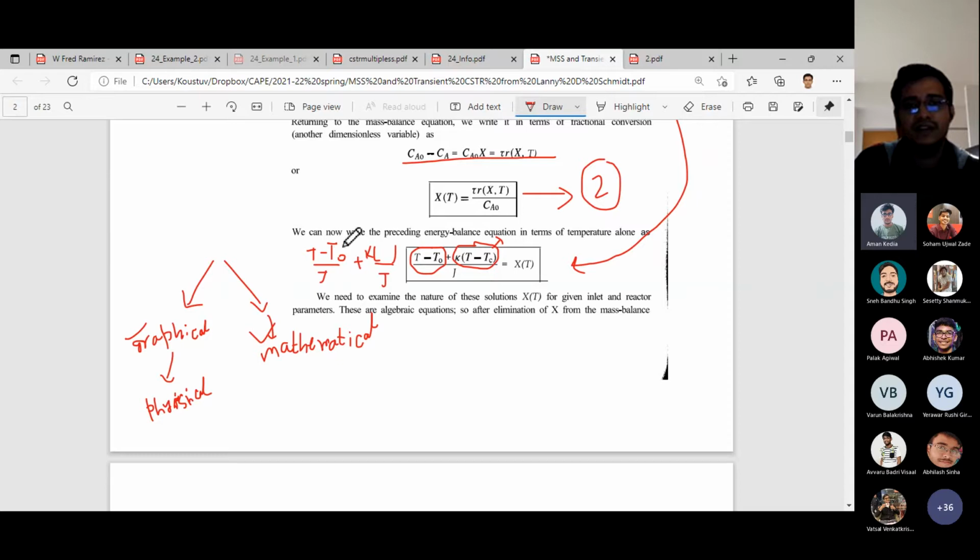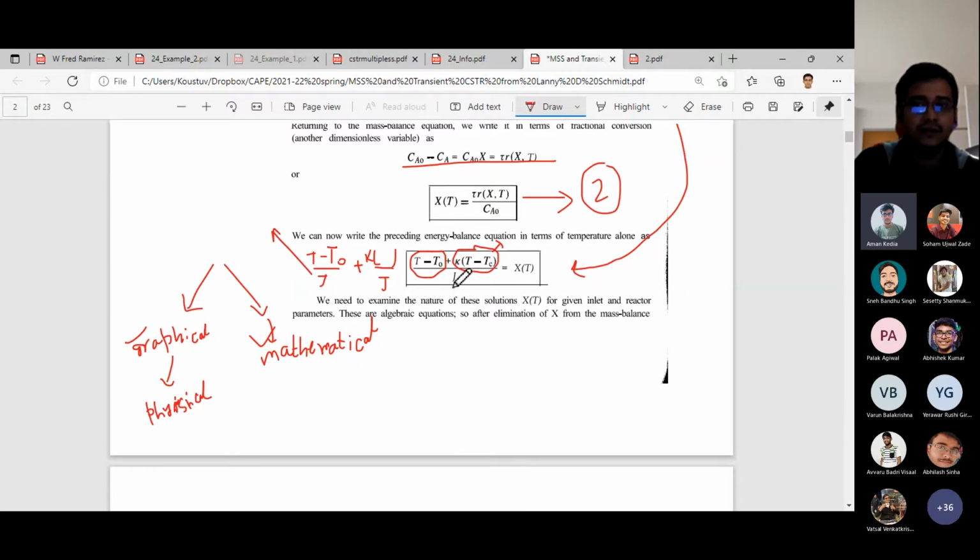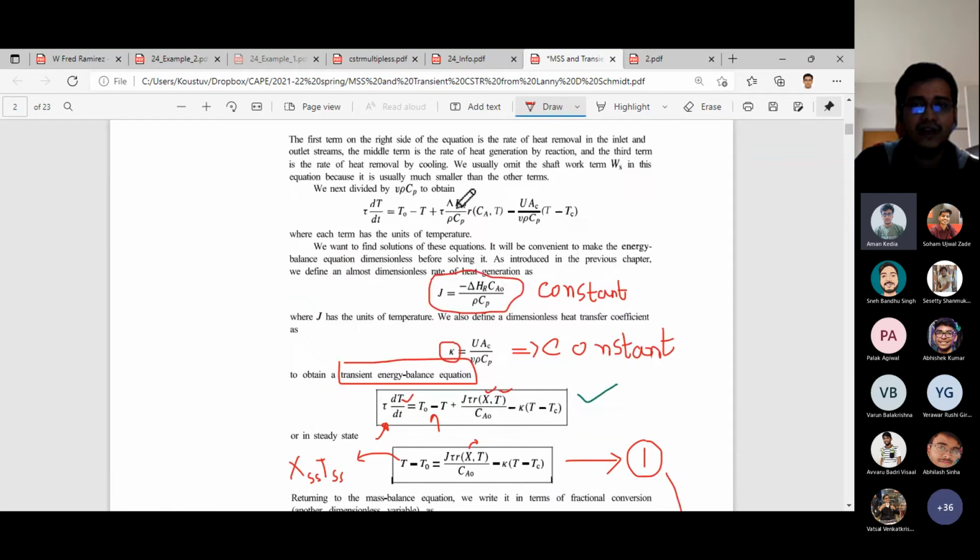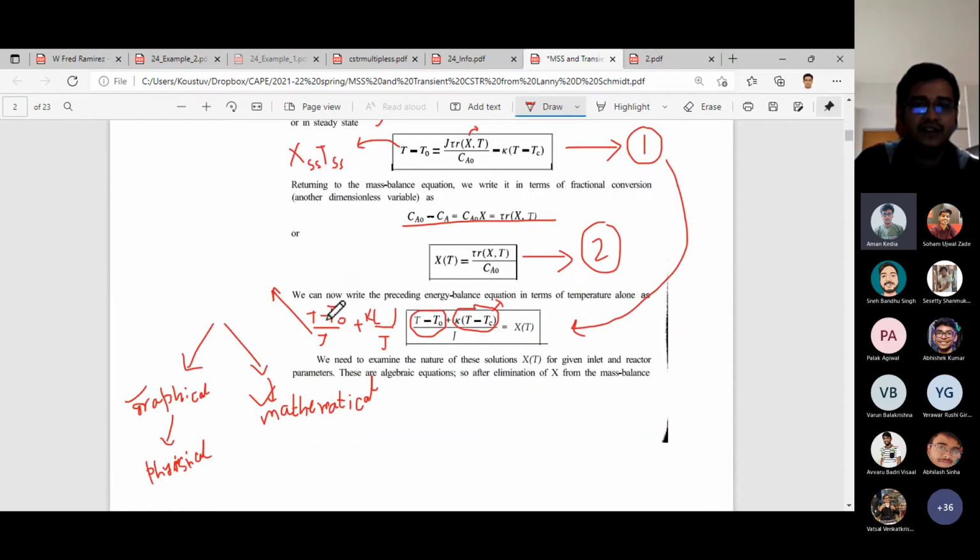This is basically the temperature difference, and this represents the net heat output, because J has several parameters involved, like delta H, R, rho, Cp. So this is nothing but the heat that is taken out by the reactant stream from the fluid present in the reactor. That means this is the heat flow out from the system. This is also a heat flow out by the cooling coil or the cooling jacket.